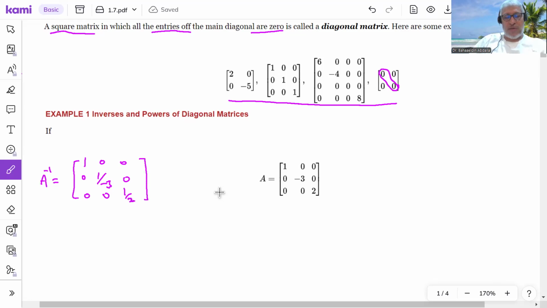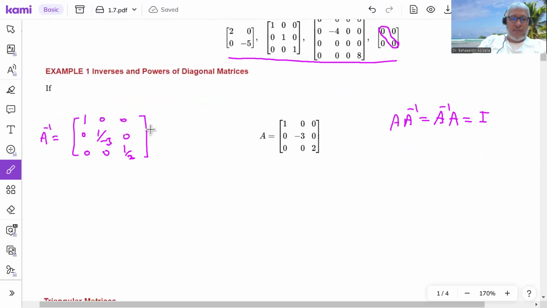Just the multiplicative inverse. Now if you multiply A times A inverse, or A inverse times A, you will get the identity matrix. So in fact, this is the inverse matrix.